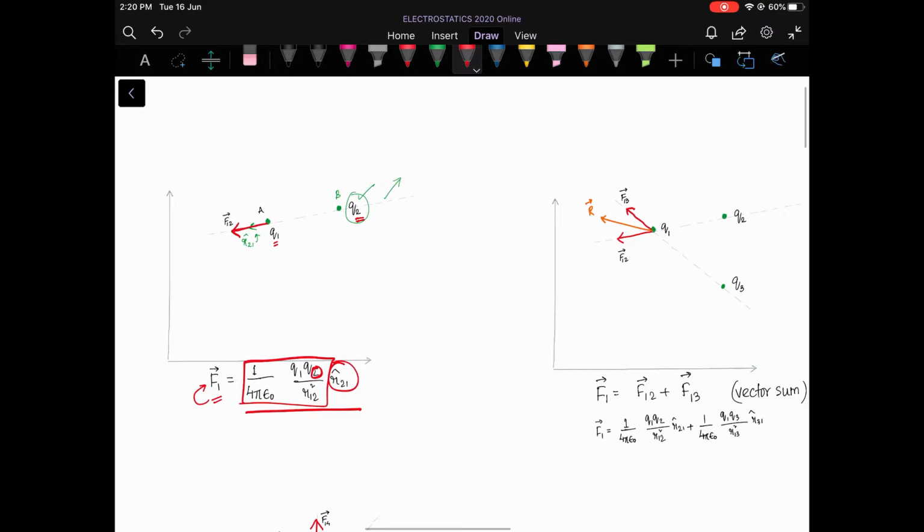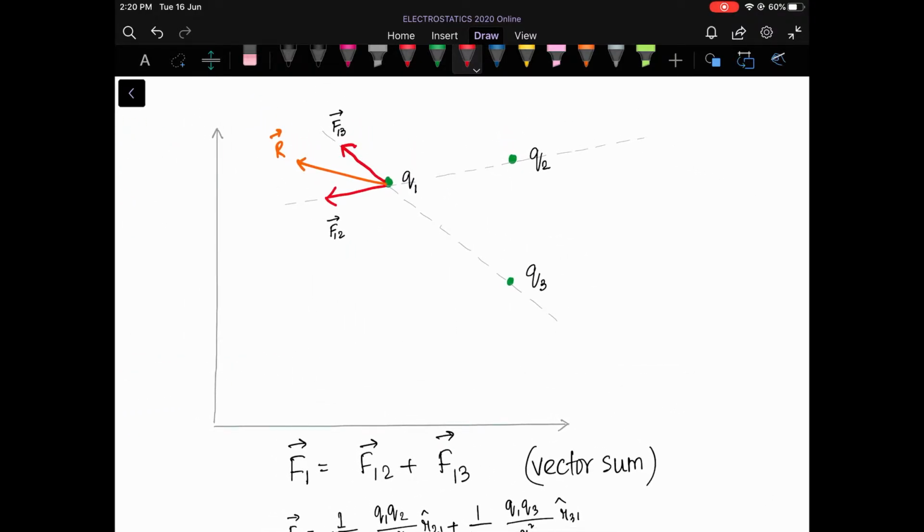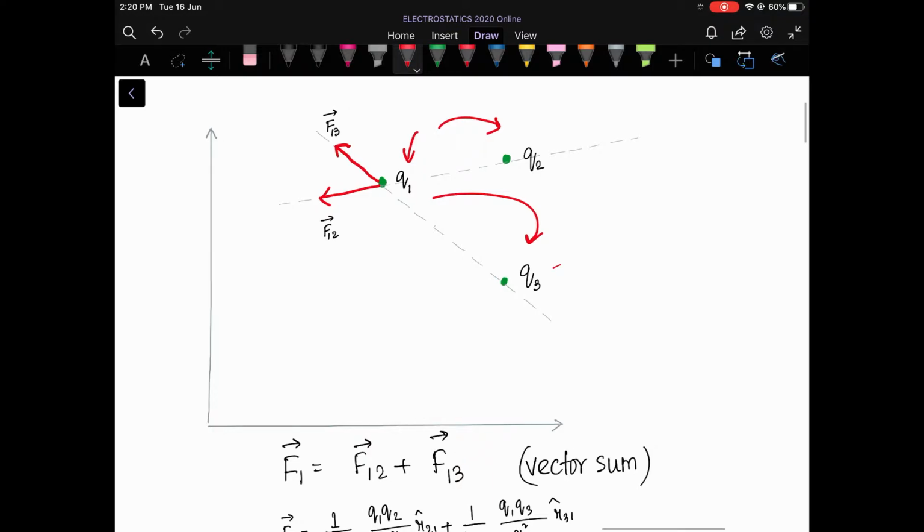Now suppose in this system, if we add the third charge, you will see that the force on the first charge will not only be because of the second charge, but even the third charge is going to apply force on it. And the force acting on the first charge due to the third charge will be along this line, the imaginary line which is joining the centers of the charges Q1 and Q3.